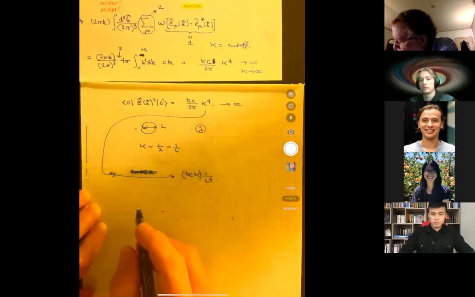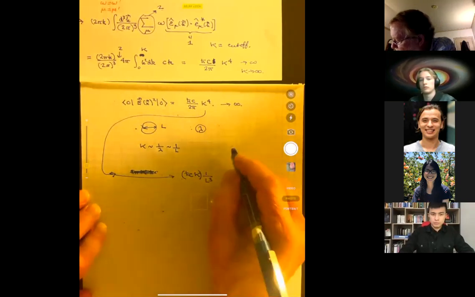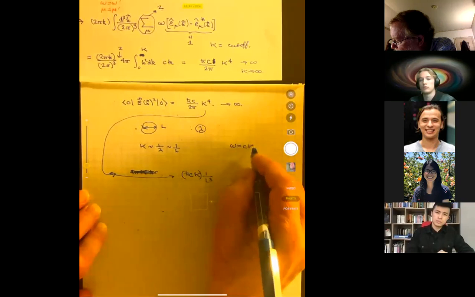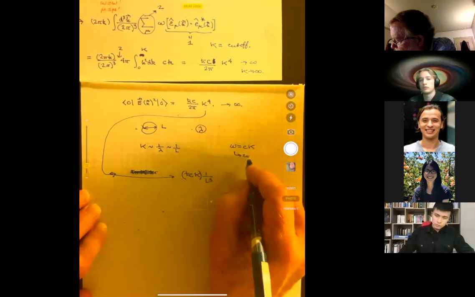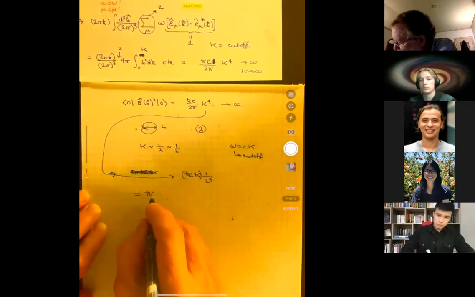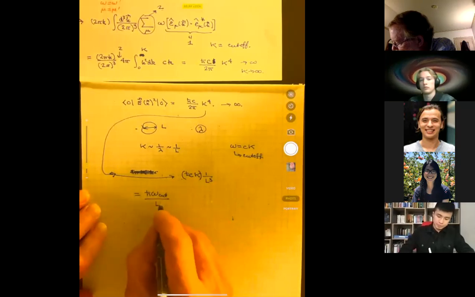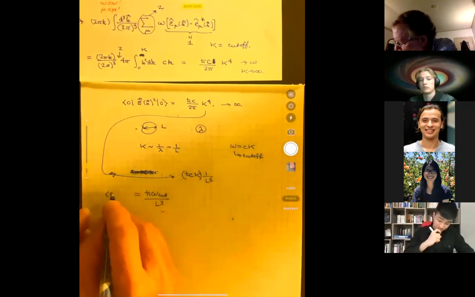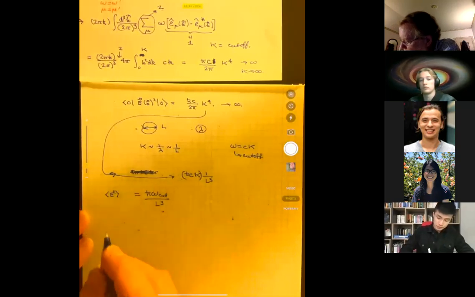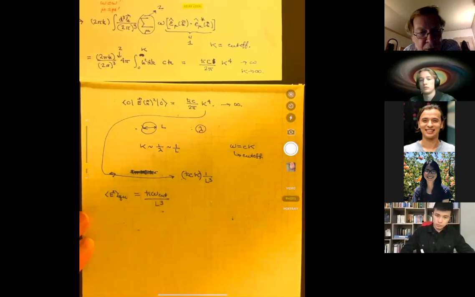Now K was the cutoff in K space. If I write omega equals c times K, then this omega is an omega cutoff in frequency. So I get h bar omega cutoff divided by L cubed. And this is the average value of the electric field measured in the vacuum. We can call this the quantum RMS fluctuations of the electric field due to quantum mechanics on making measurements in the vacuum. All right.